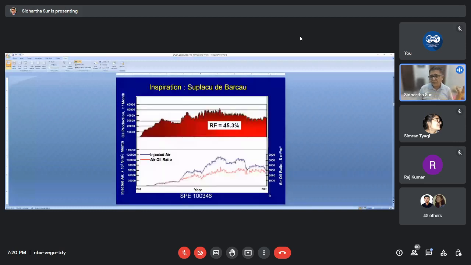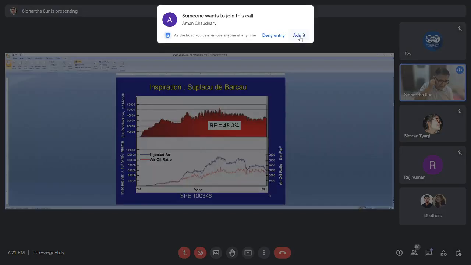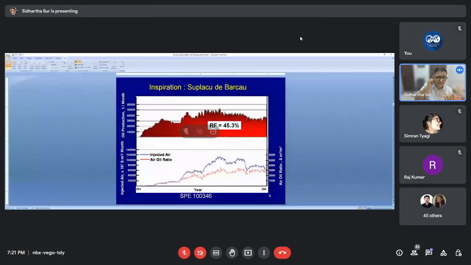So this is Suplacu de Barkau in Romania. It has been a great motivator for me and for the others who have been implementing this process in Balol and Santhal, because it is going on for more than 50 to 60 years. This slide is very old, of 2009-10. So today recovery factor has gone to 55% to 60%.